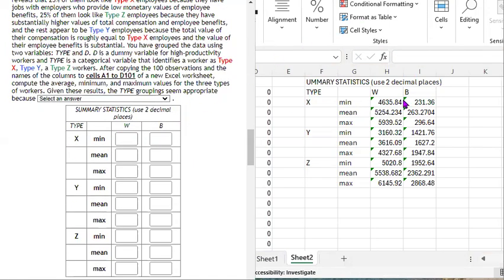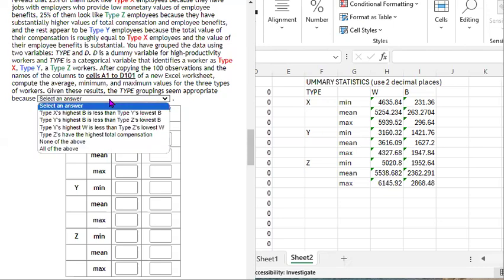Now, given these results over here, the type groupings seem appropriate because why? Well, type X's highest B is less than type Y's lowest B, right? That's true.